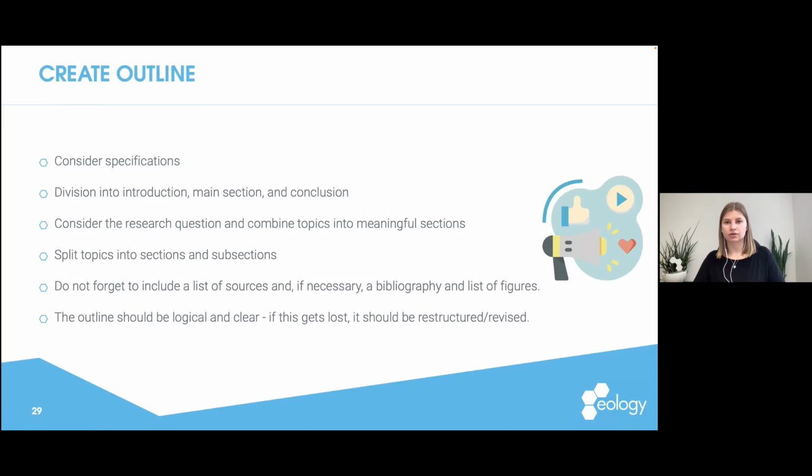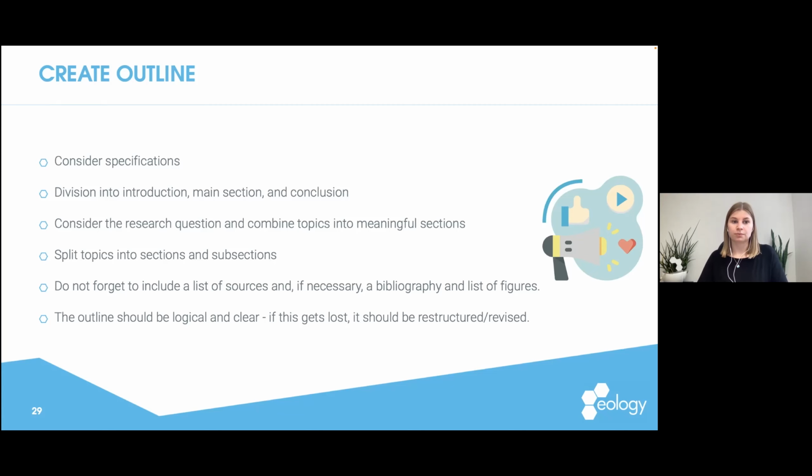Then, when you have your content, you need to create an outline. You have to consider the specifications of your content marketing campaign, divided into introduction, main section, and conclusion, so it has a logical and clear order for the reader. Consider also research questions and combine topics into meaningful sections.